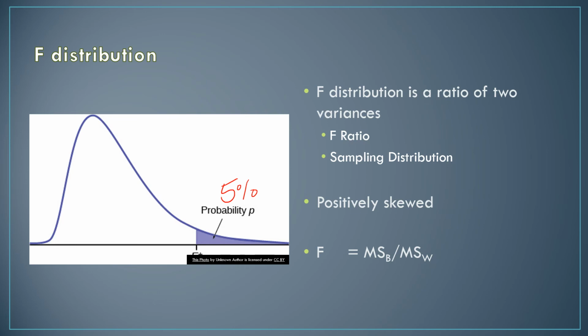Now the F distribution is positively skewed, and it's usually positively skewed in relation to 1. So the majority of your F statistics are found to be less than 1, but when you start getting above 1 is when you start getting statistical significance, and in this high 5%, where you usually have F statistics above 3 to 5 and higher, then you're getting statistical significance.